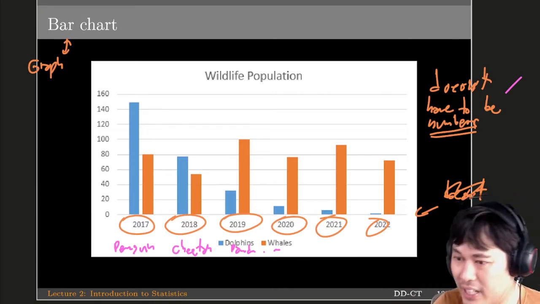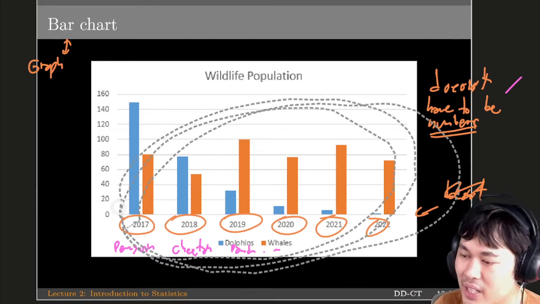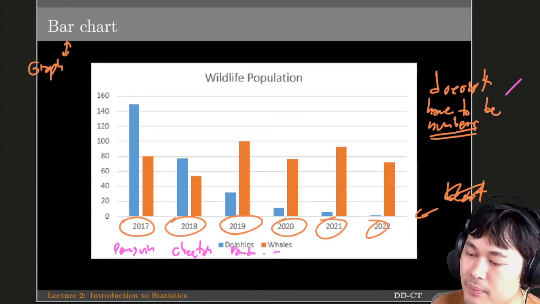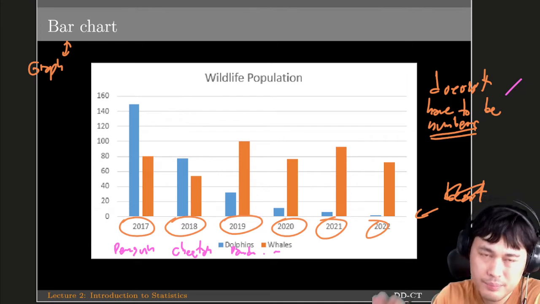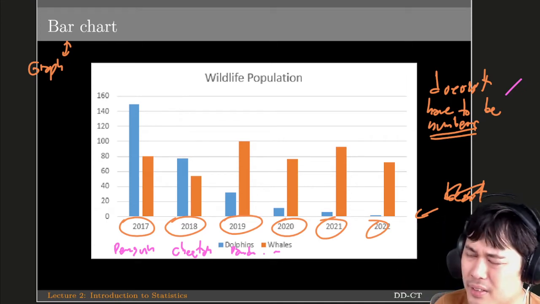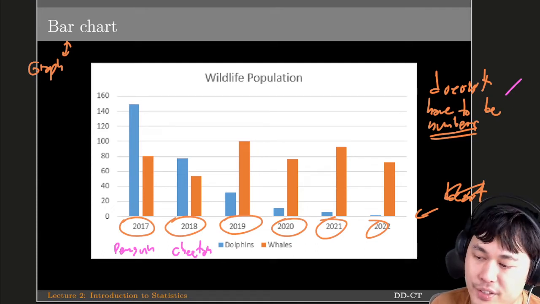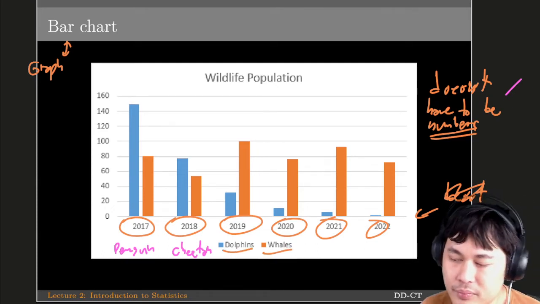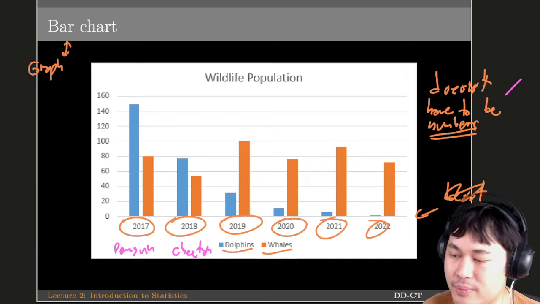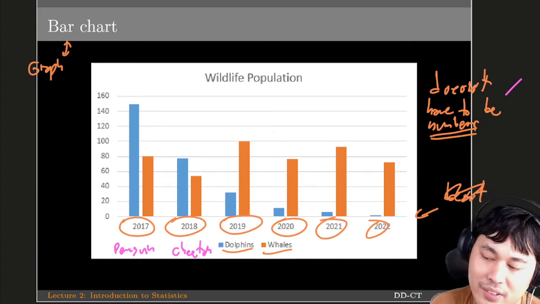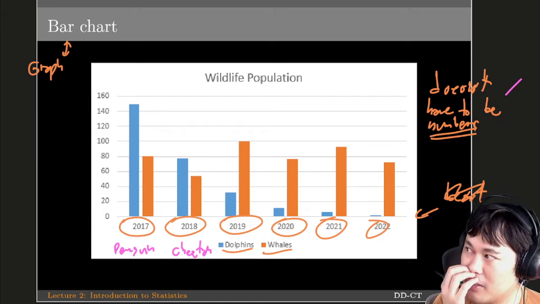And another is you can compare two different sets of data next to each other. In this case, this graph is comparing the population of dolphins and whales, to see what the trend is. Are there more dolphins, more whales? Are they increasing, decreasing?